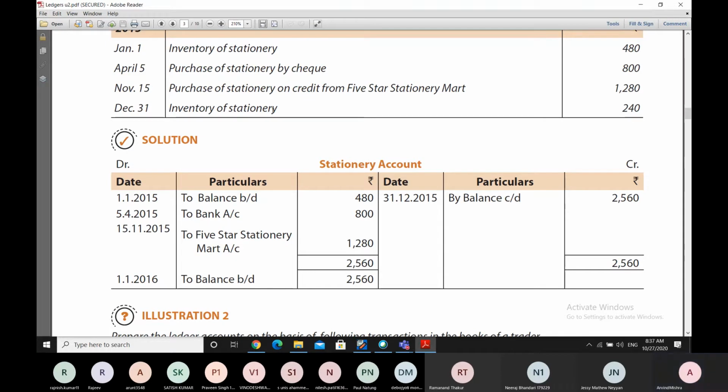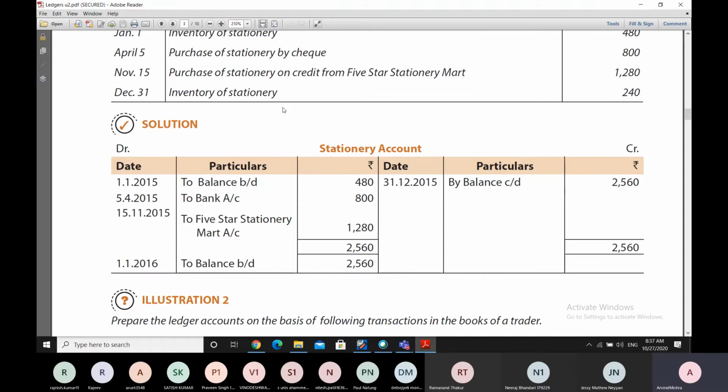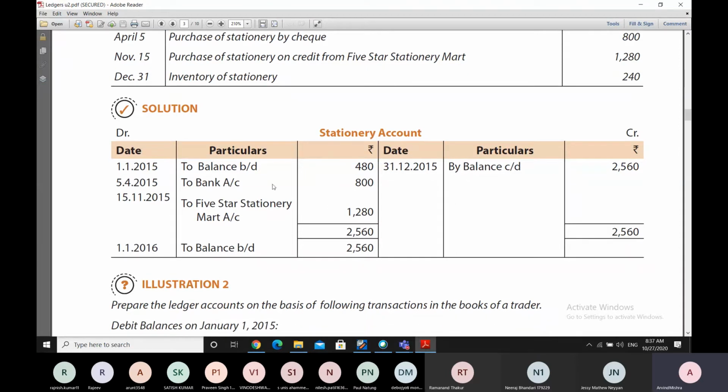Here it is important to understand that on December 31, when we are making the inventory of the stationery, that does not find any place here in the stationery account, because we started with a stationery inventory of 480, then we purchased some stationery, and maybe we used some stationery for our work, and after using the stationery for our work, we are left with stationery of 240 rupees.